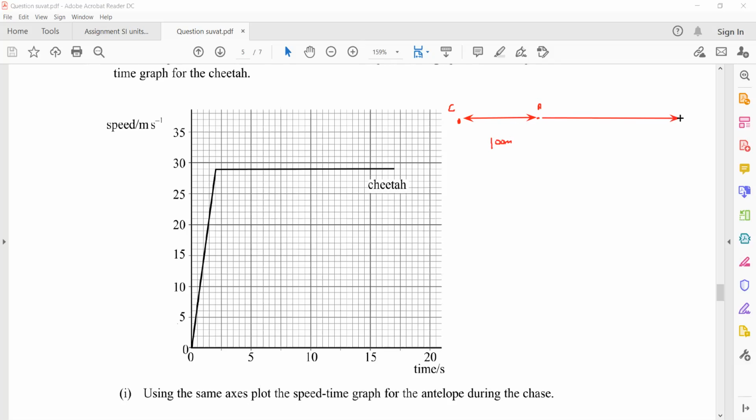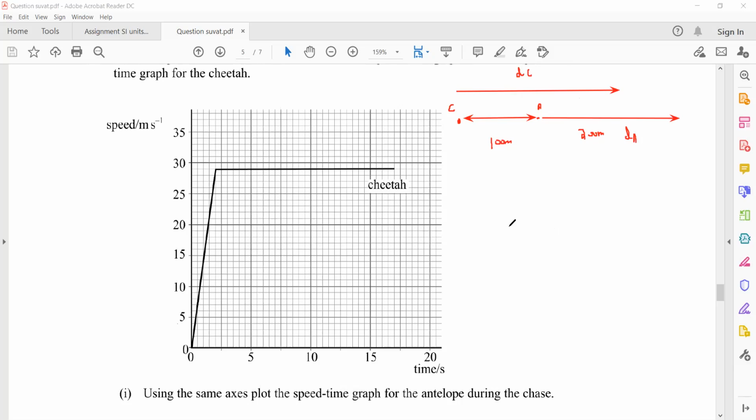Just as an example, say you got 200 meters, and in the same 17 seconds you will find the distance traveled by the cheetah. That will give you the distance traveled by the cheetah. And this is the distance traveled by the antelope, but they are already 100 meters apart.